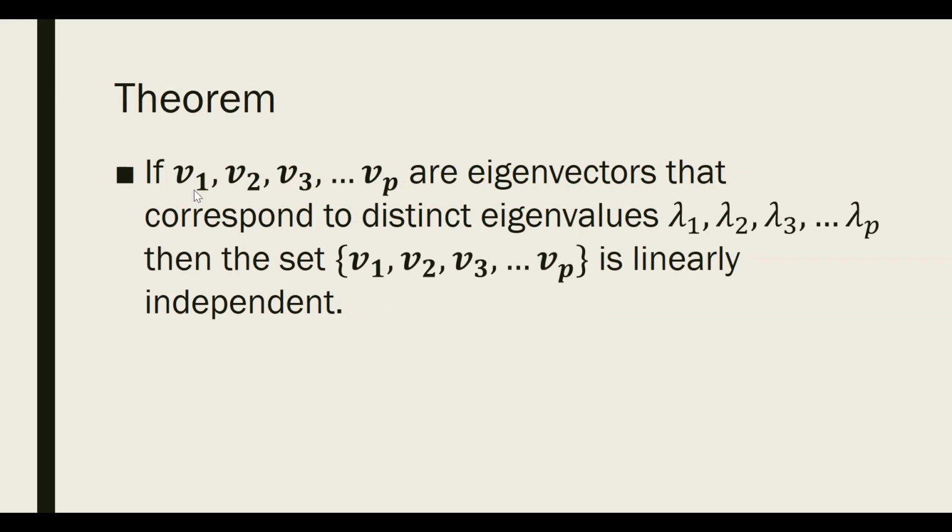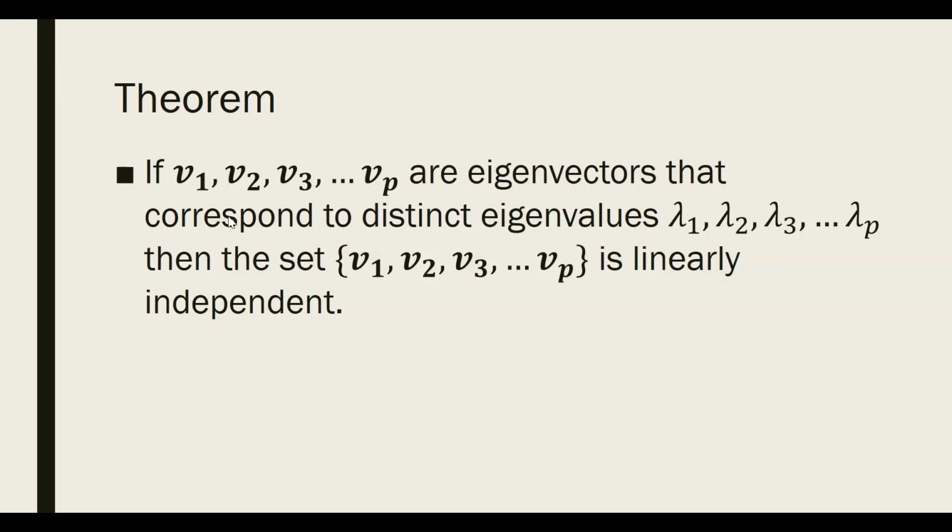And so here's the thing. If v1, v2, v3, and all the way up to vp are each an eigenvector that corresponds to different eigenvalues, so like in our case, the vector 1, 0, 0 corresponded to the eigenvalue of 2, the vector negative 3, 1, 0 corresponded to the eigenvalue of 1, and the vector 16, 4, 1 corresponded to the eigenvalue of 3.